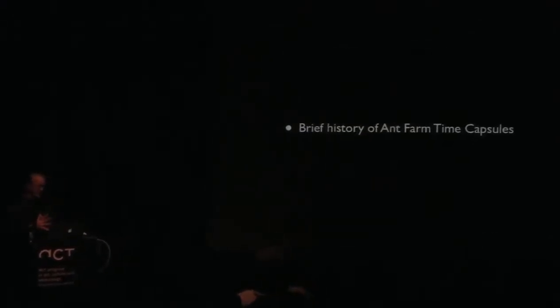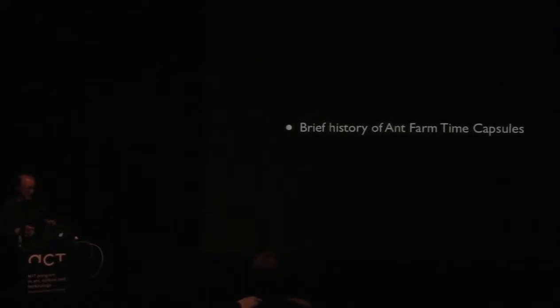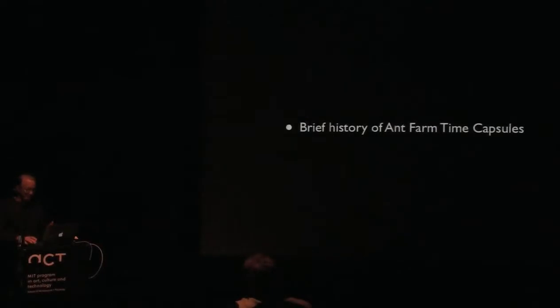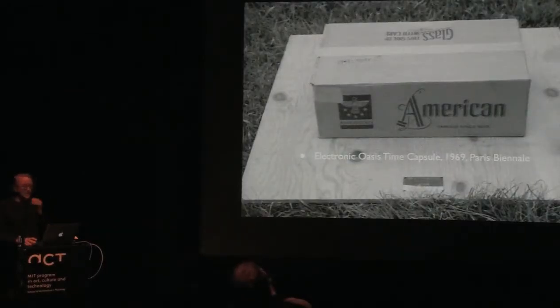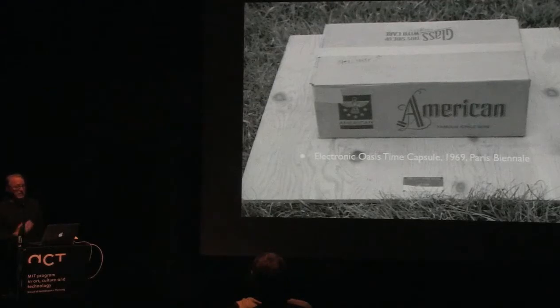So I think it's useful here to look at a brief history of Ant Farm time capsules, because there were 3 previous time capsules done during the Ant Farm practice. The first one in 1969 was an invitation to send work to the Paris Biennale, and we mounted this cardboard box on a plywood platform, and we filled it with souvenirs.